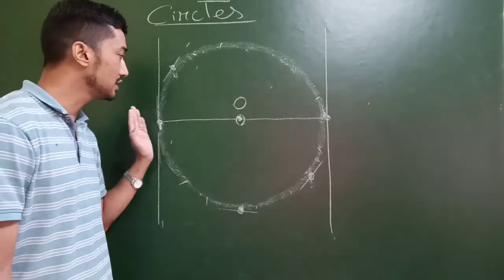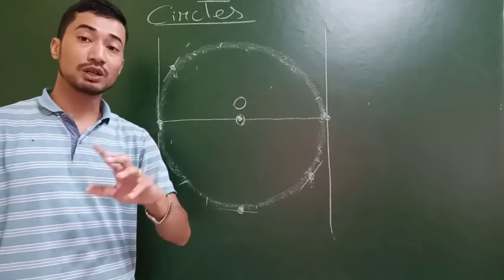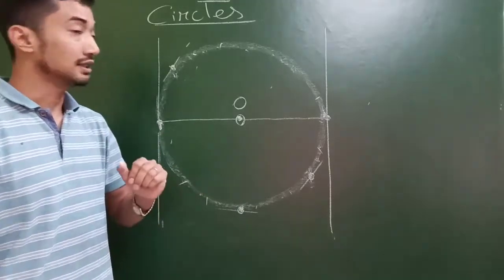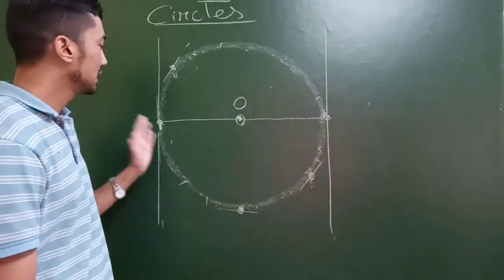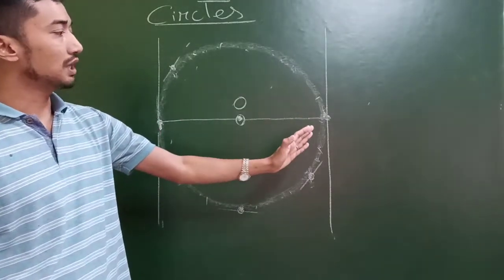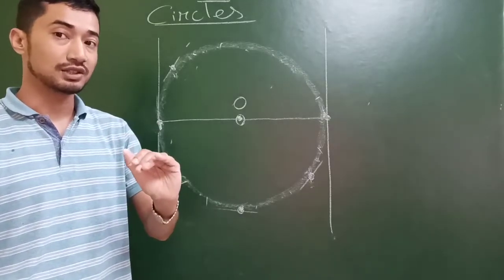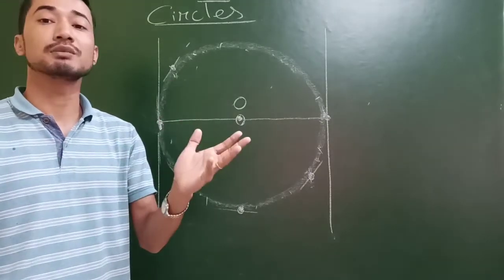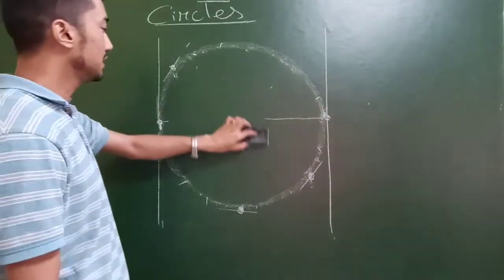You will see that this line will always pass through the center. So with that we get one theorem. We can consider that as a theorem also: the line joining the points of contact of two parallel tangents will always pass through the center, which means it is a straight line through the center, which becomes the diameter. Alright? Okay, so that activity is done.